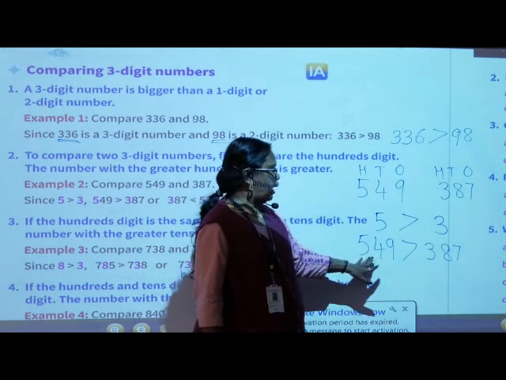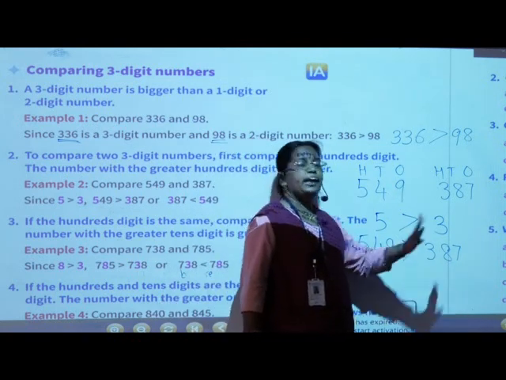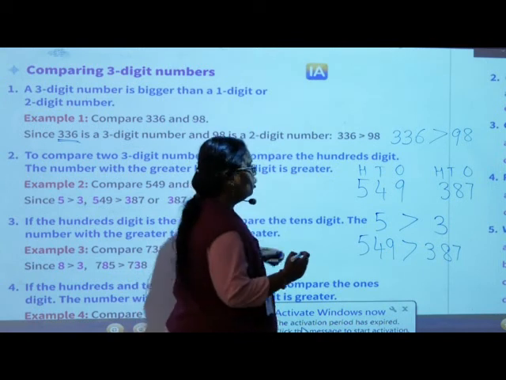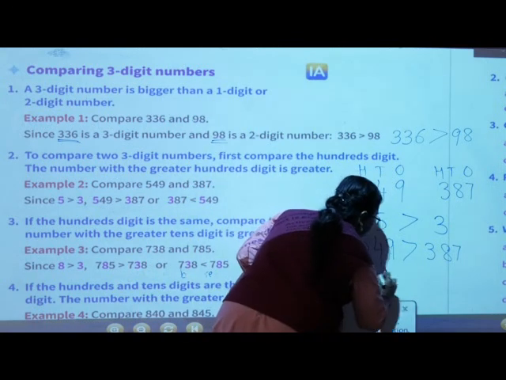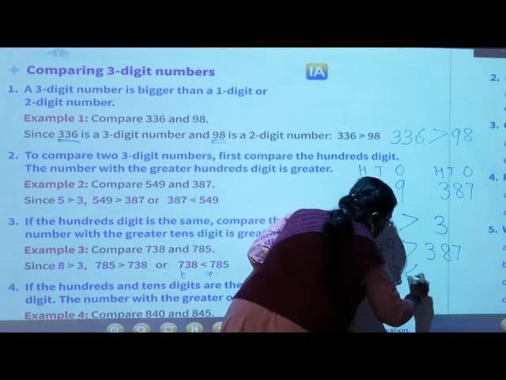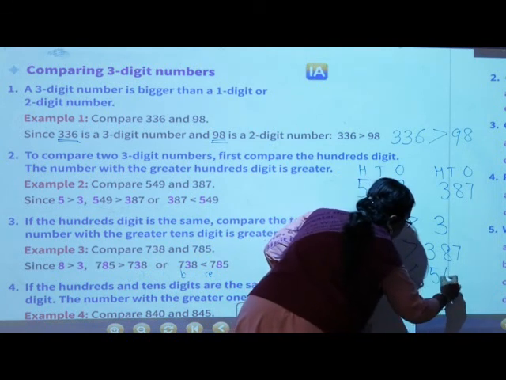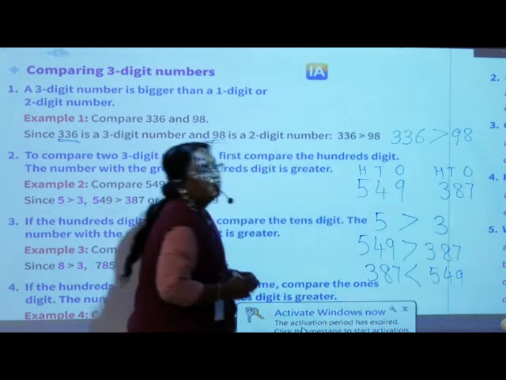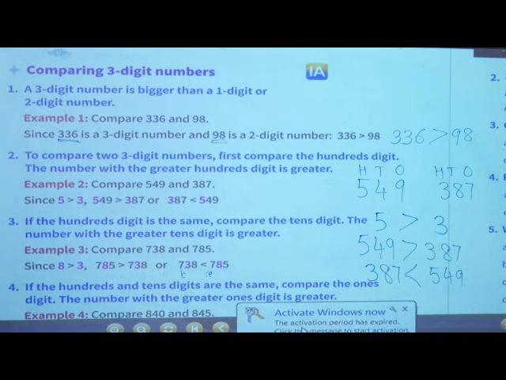So 549 is greater than 387, or 387 is smaller than 549. Okay, in this way you can see. Then next one, see.